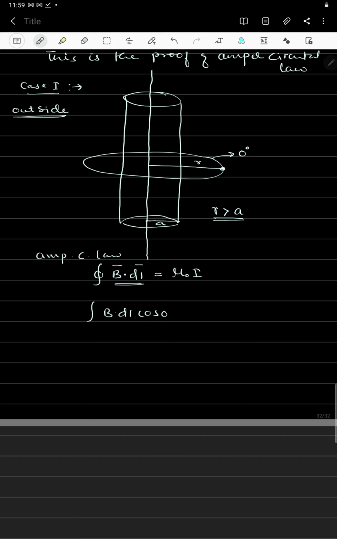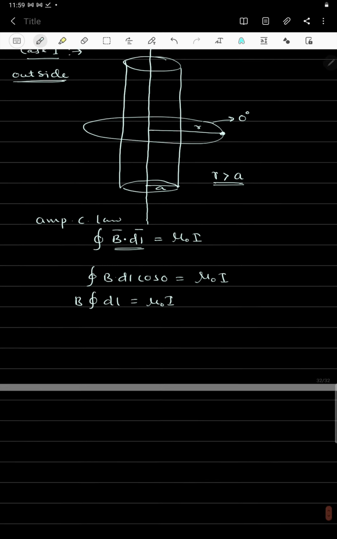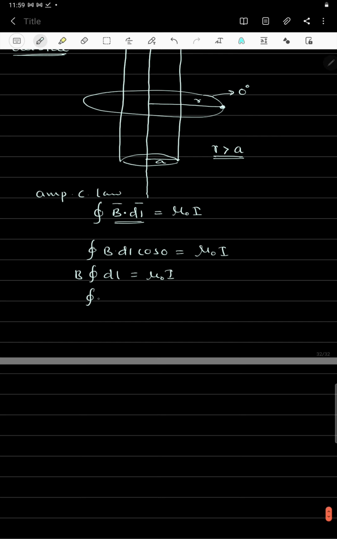We know the angle is 0, so the equation becomes B integral of dl equals mu naught I, and the closed integral of dl is 2 pi r, from this point around to this point.